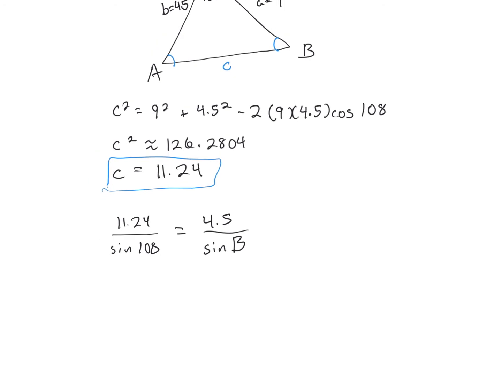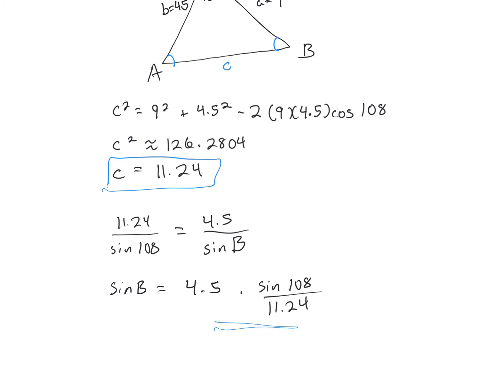So sine of B equals 4.5 times sine of 108, divided by 11.24, and then to find B, we just take the inverse.